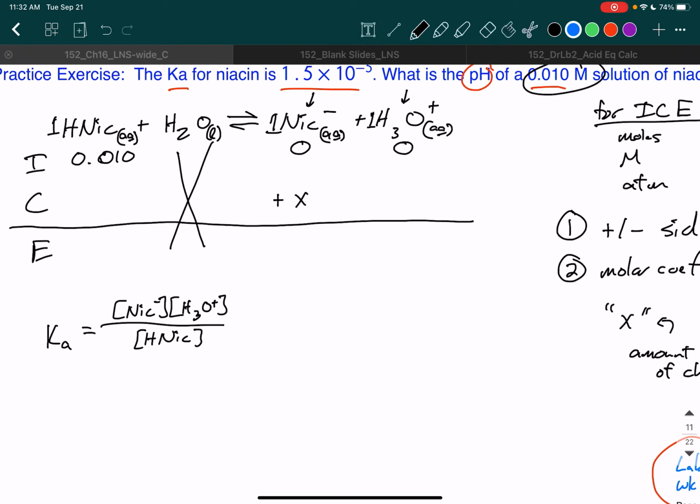Some positive value X, our unknown. We don't know how much it's going to form yet. So if the product side is positive, then the reactant side is negative by the same amount, again because you have that 1 to 1 to 1. I think in the example from last week, there was a 2 showing up. So in a lot of ways, the chapter 16 examples are a little bit cleaner. You don't have to worry about molar coefficients all that much.